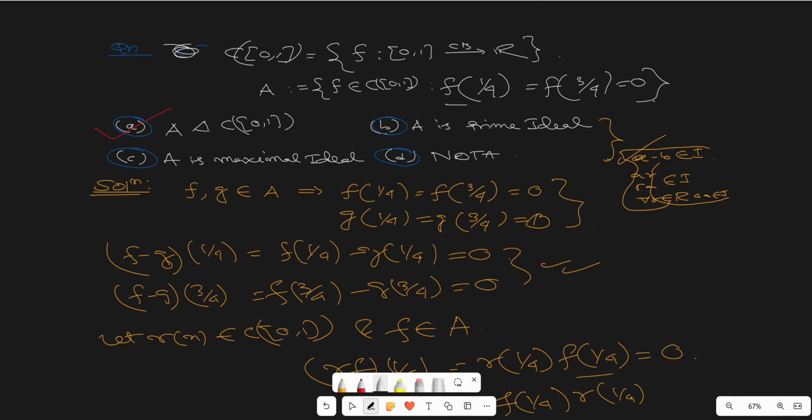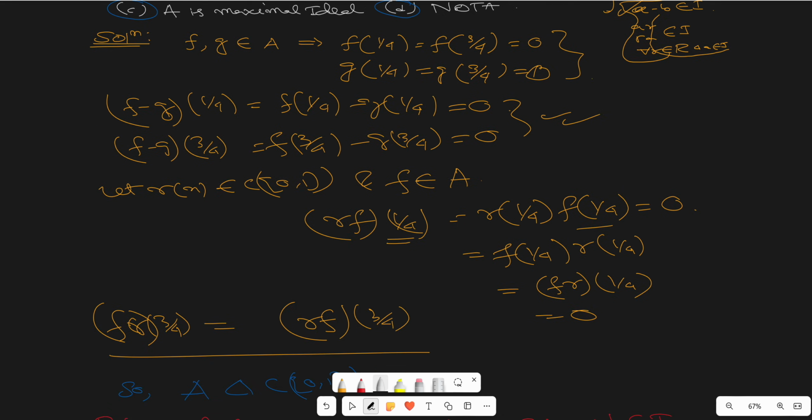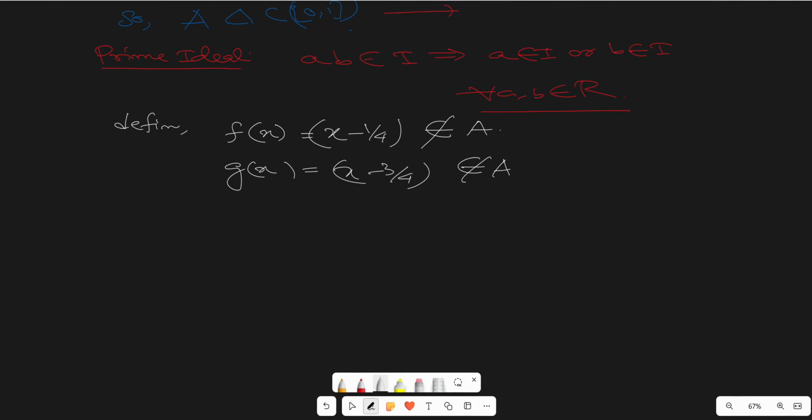A is, if it should vanish at 1/4, it should also vanish at 3/4. But here it is vanishing at 1/4 but not at 3/4, and g is vanishing at 3/4. Okay, f is not in A, g is not in A.